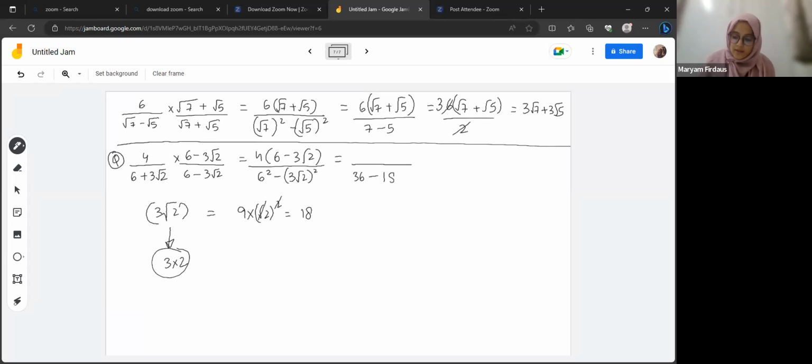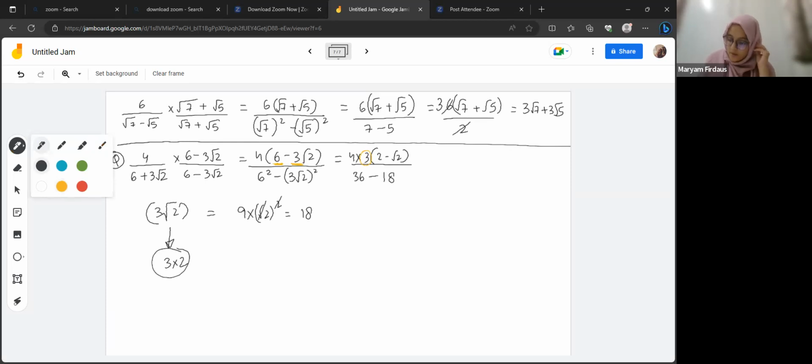So 36 minus 18. So now this is 4 into, I'm going to take 3 as common, 2 minus root 2. I took 3 as common from over here, from here and here.